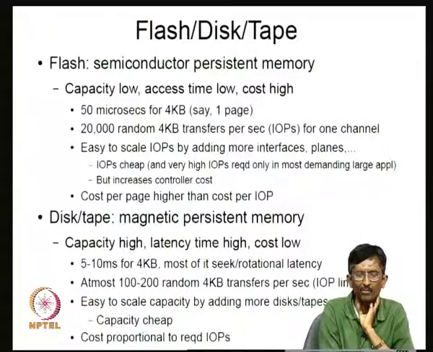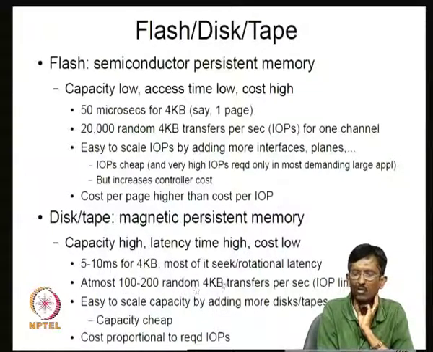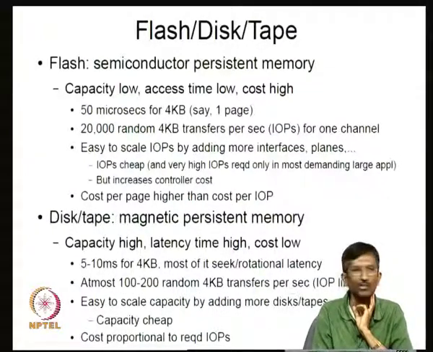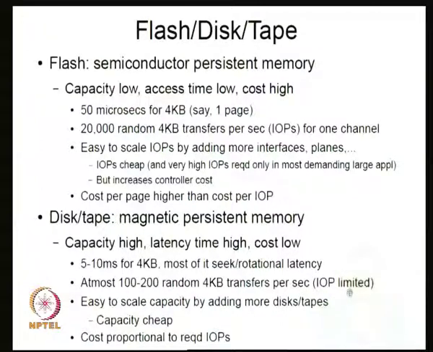In the case of disk and tape, it turns out because it's 5 to 10 milliseconds for 4 kilobyte, you can at most do 100 to 200 random 4 kilobyte transfers per second. So it is IOPS limited. If you are talking about an eBay kind of system, and they want to satisfy 10,000 requests per second, one disk cannot do it.